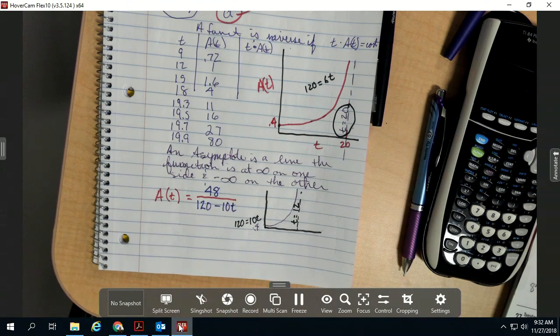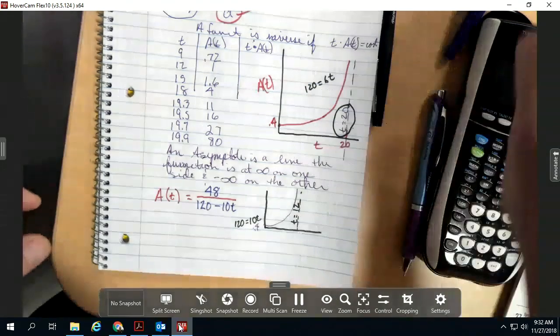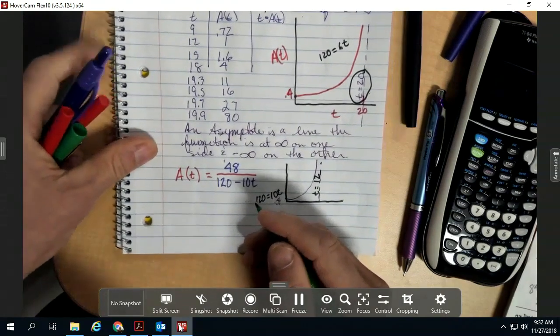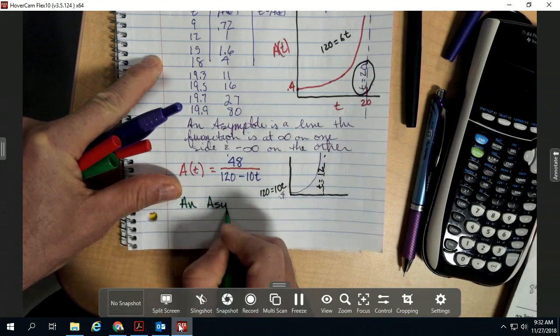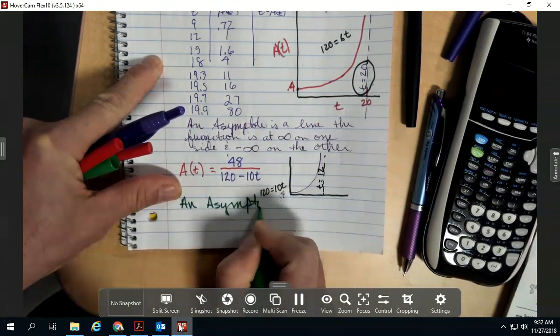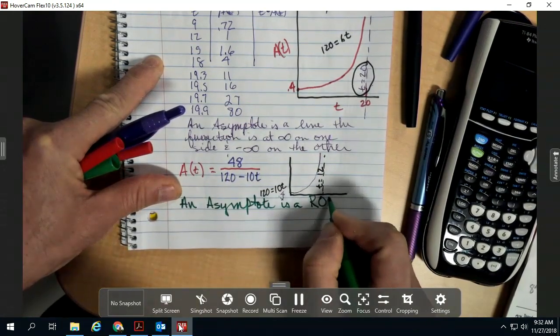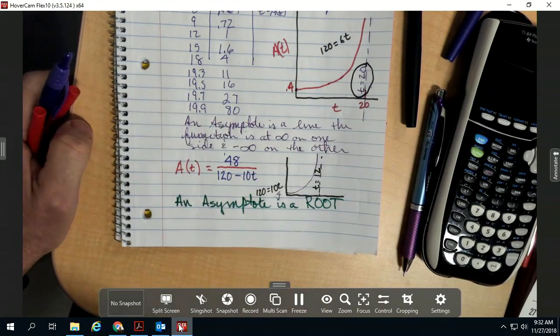So the question to number 9 is, how can you explain how to determine the location of an asymptote from the formula? And the asymptote is, that's what she said, though she didn't say the word root, but that's correct, right?